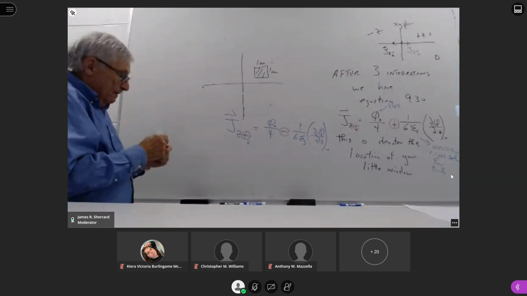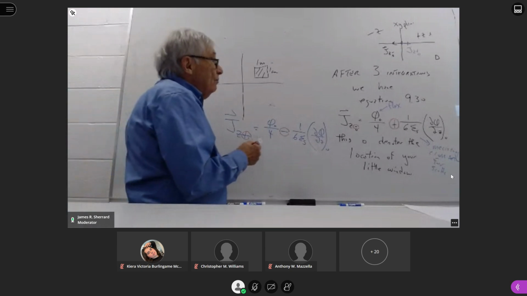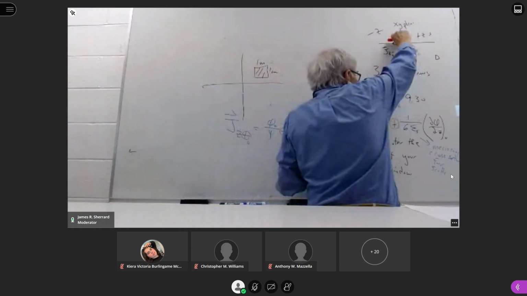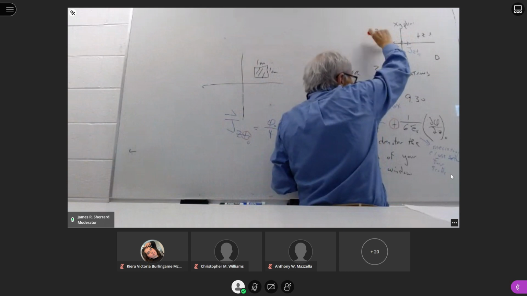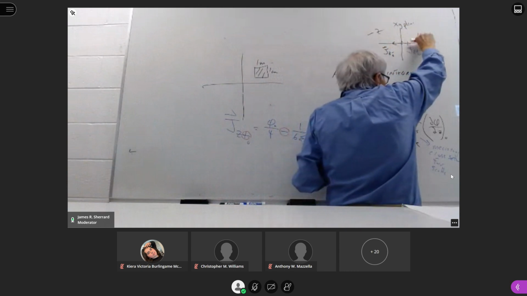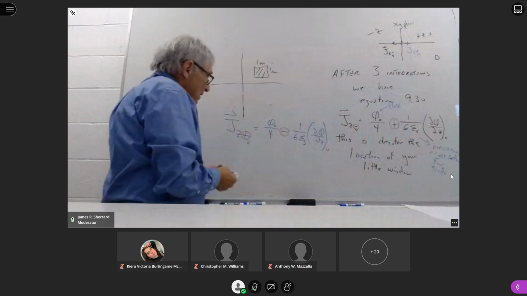That's a simple way to do it, okay? Now, we have said we've got a neutron current density going in that direction. We've got a neutron current density going in that direction.